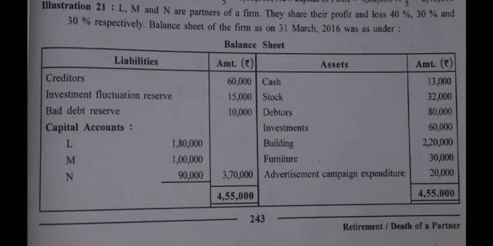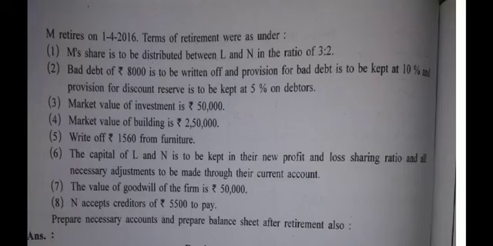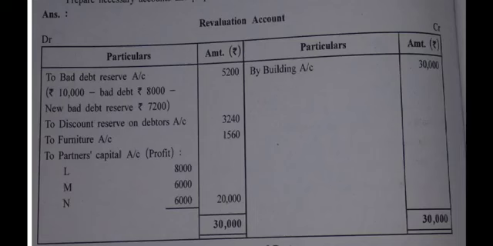So there is no need to write down the effect in revaluation account, because it has been written off from investment fluctuation reserve already. So now the remaining amount for investment fluctuation reserve is 5,000. Yes? 10,000 has already been written off. So remaining 5,000 will be distributed among partners in their old ratio.